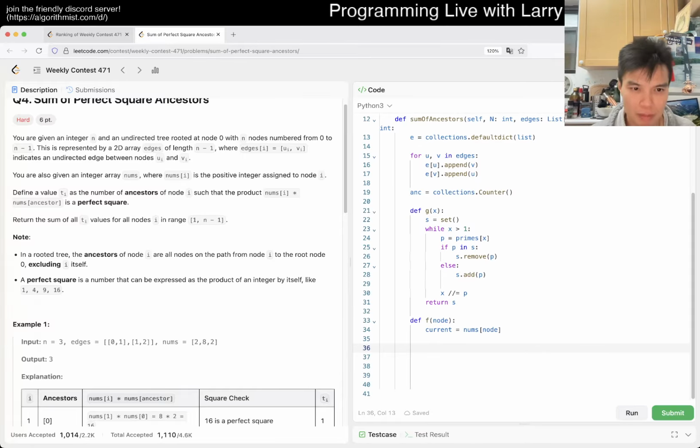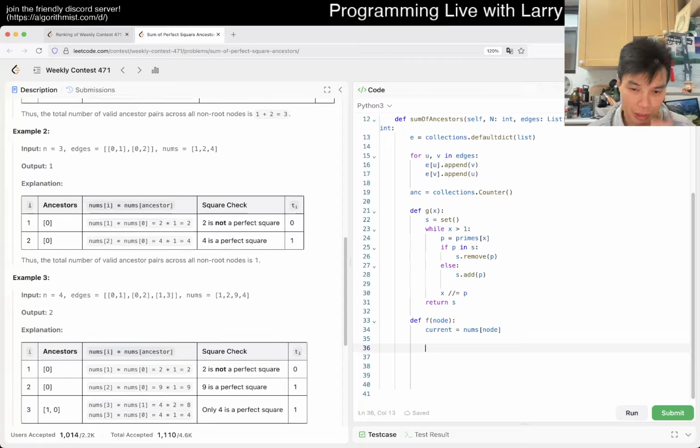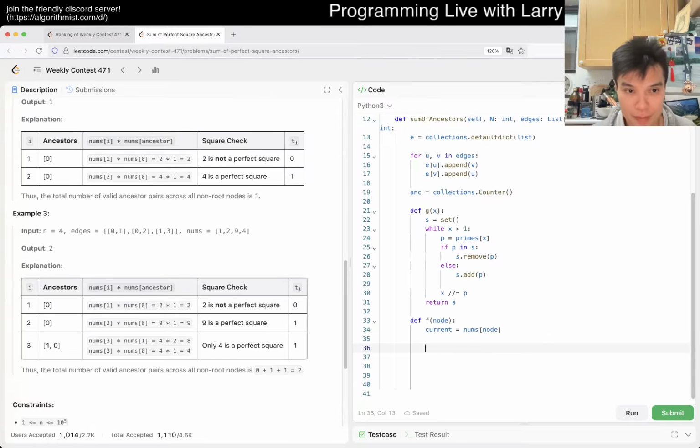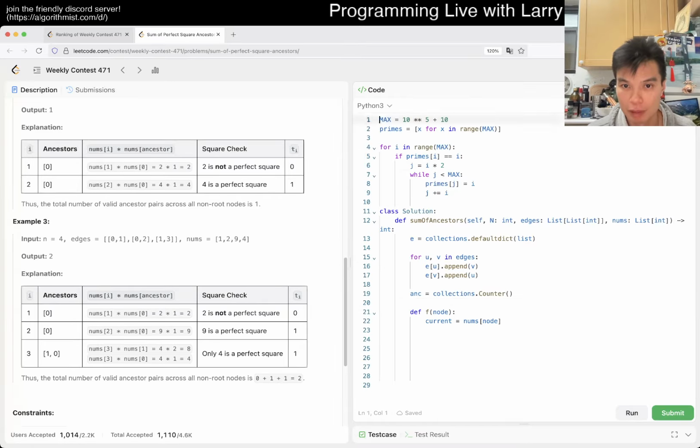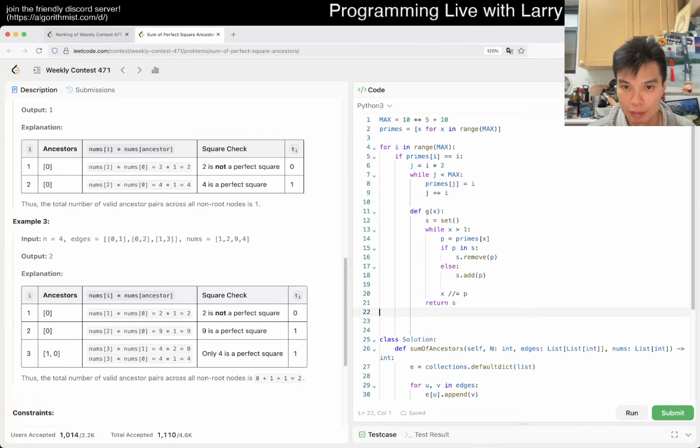I don't know if this is right. I think this should be fine, but I might as well just clean it up and cache this.